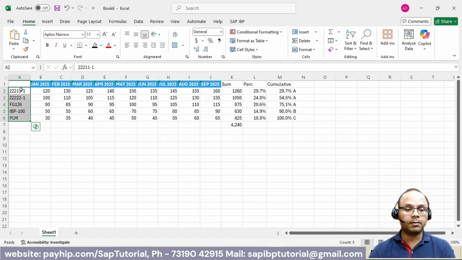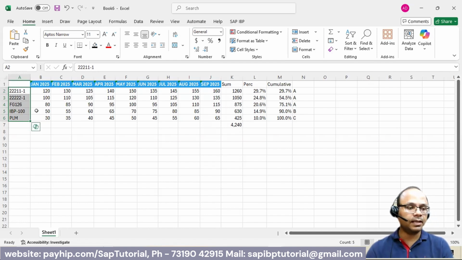But if you run the ABC XYZ classification, it will normally take all the products in your portfolio into consideration and identify your product, whether A or B or C, based on its percentage share over the entire set of products.